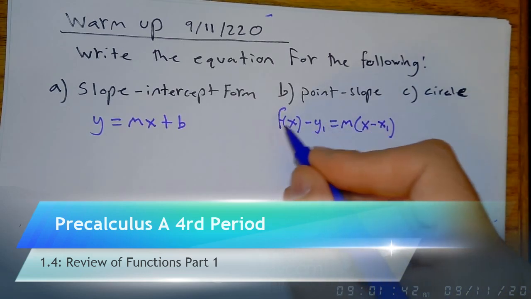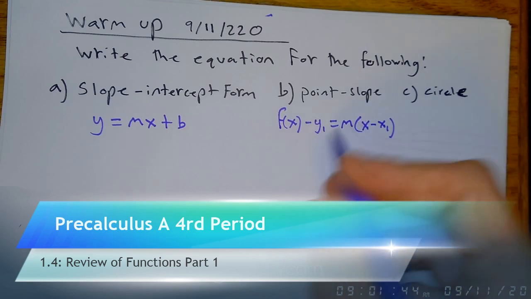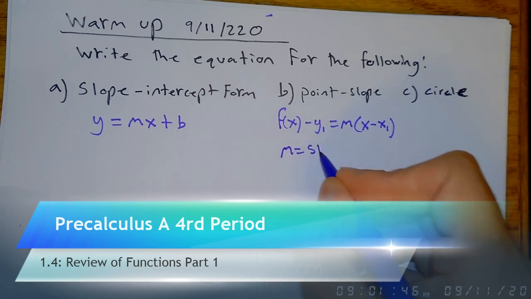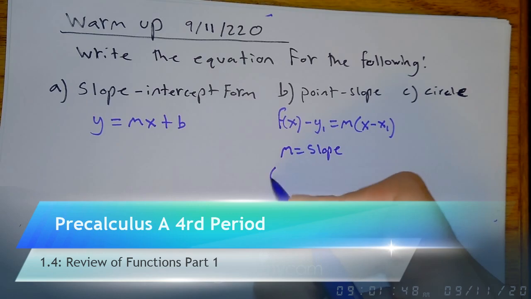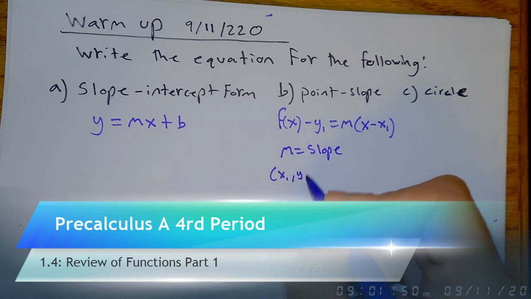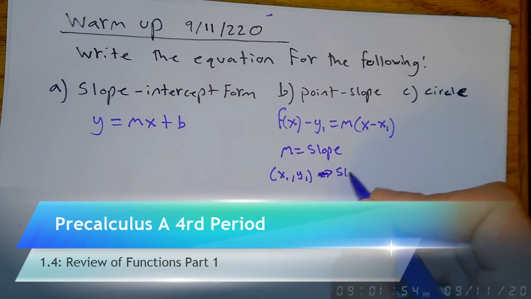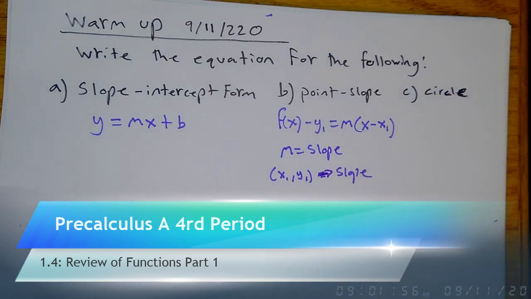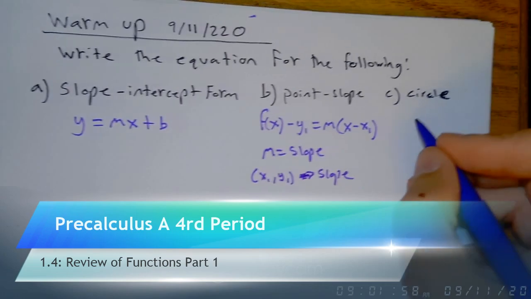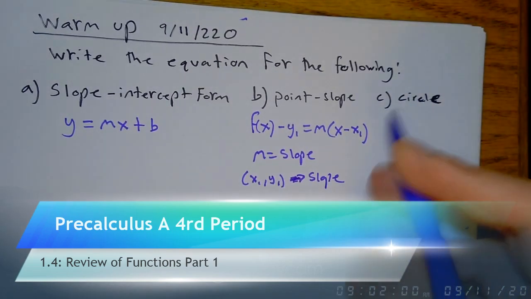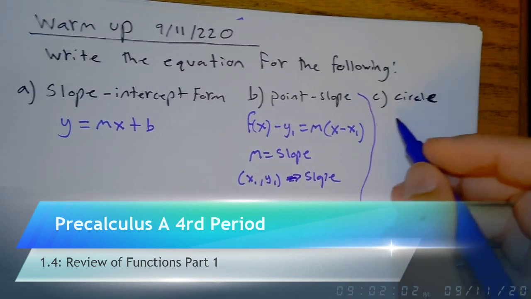And remember, this is your output, this is your slope. And the point x1, y1 is your slope. Really shouldn't do equal there, right?